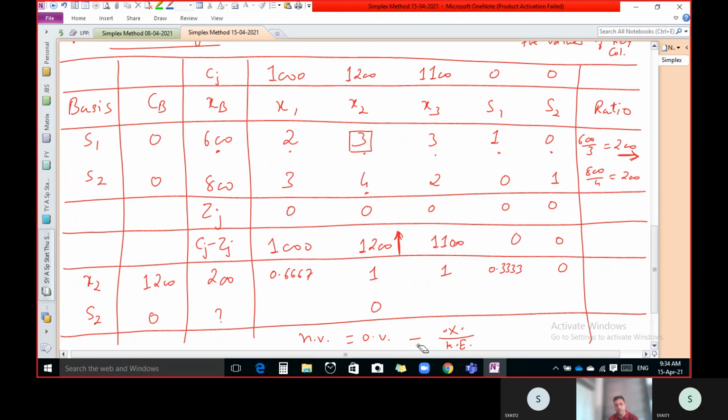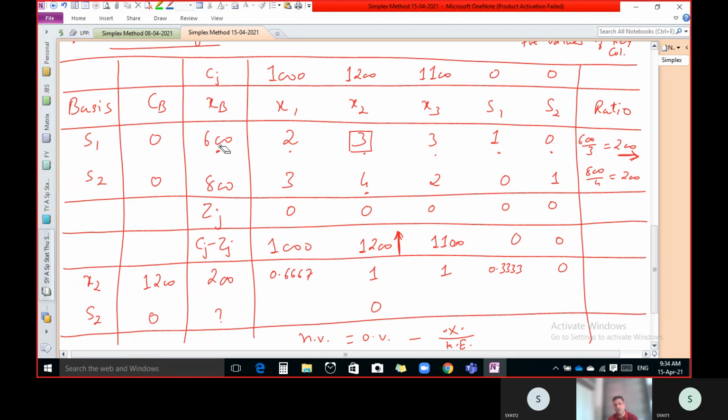Now, in place of this 800, if we want some other value, what do we have to do? The old value minus the multiplication of two dotted values. These two dotted values should be from the key row and key column, the ones corresponding to this 800. So you have to see the dotted value of this column and the dotted value of this row in which this 800 is. In this row the dotted value is 4.